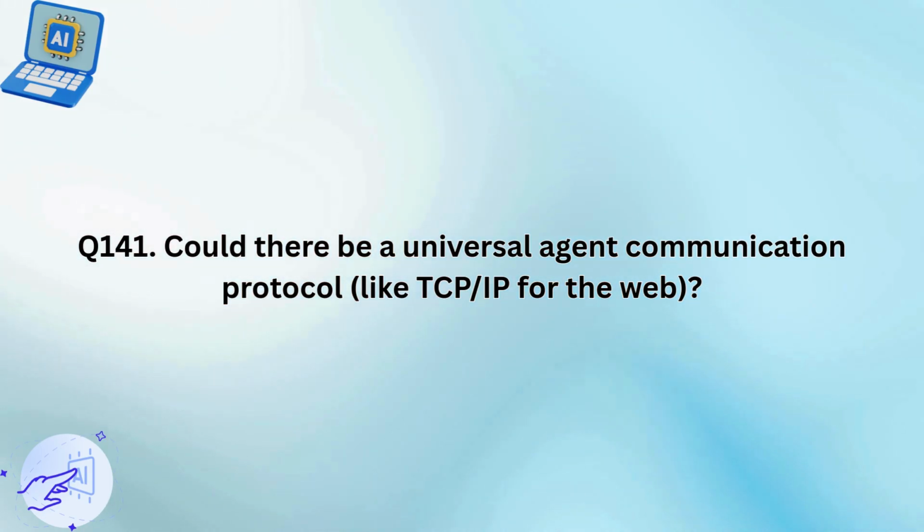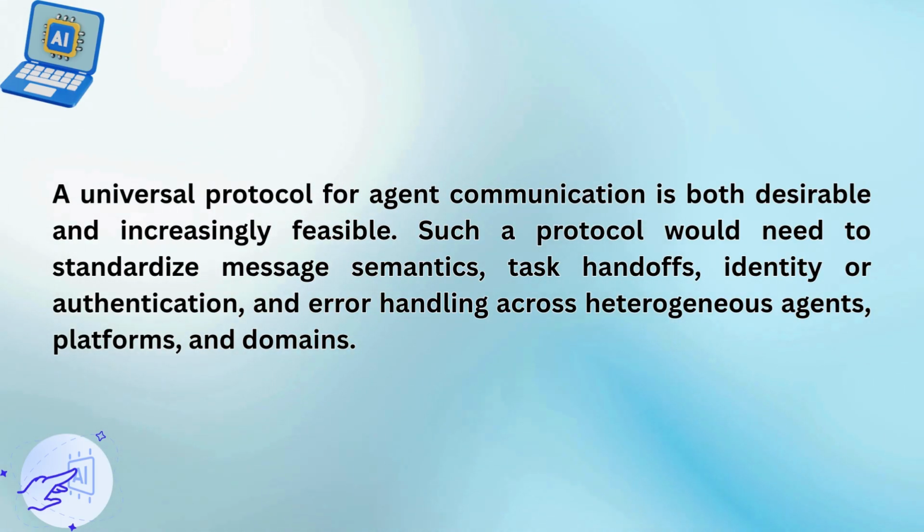Could there be a universal agent communication protocol, like TCP/IP for the web? A universal protocol for agent communication is both desirable and increasingly feasible. Such a protocol would need to standardize message semantics, task handoffs, identity authentication, and error handling across heterogeneous agents, platforms, and domains.